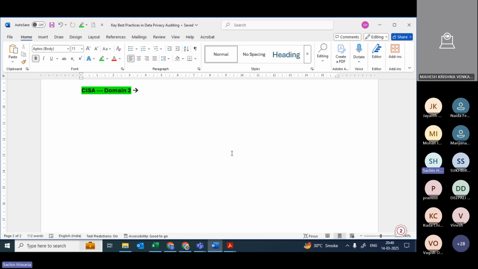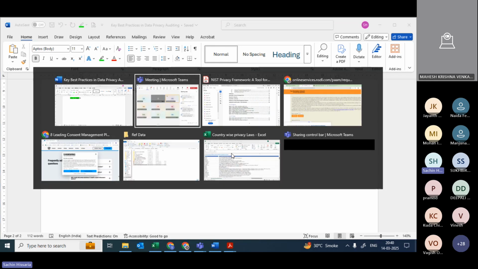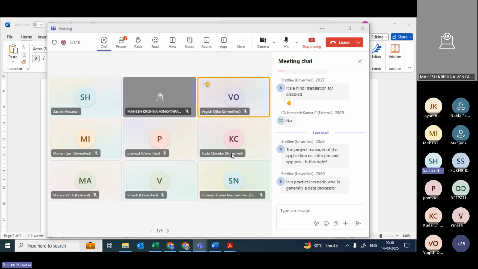For example, for consent, the framework would say consent should include this. When we talk about privacy notices, the framework will tell you a privacy notice should include this. So the framework guides the company on what controls they need to implement, and what measures they have to take while implementing.